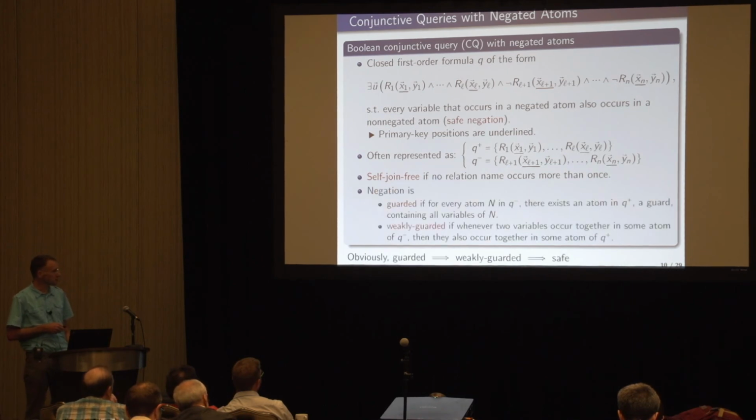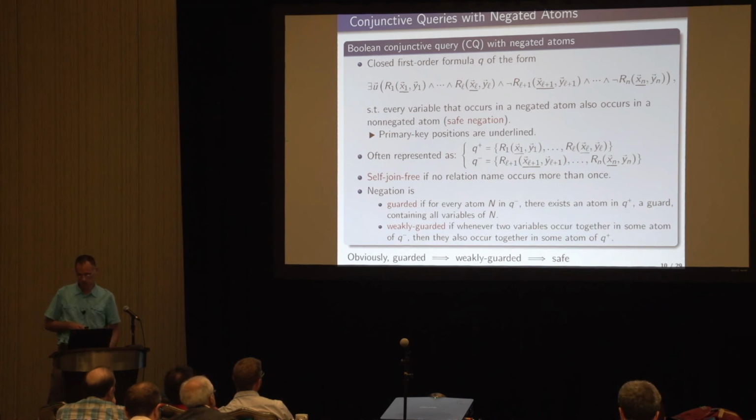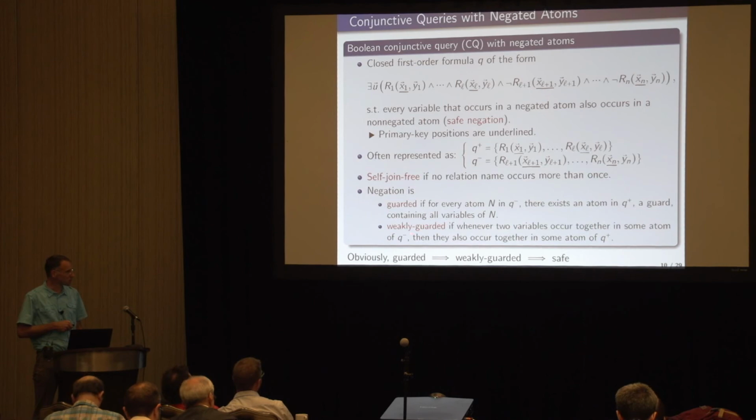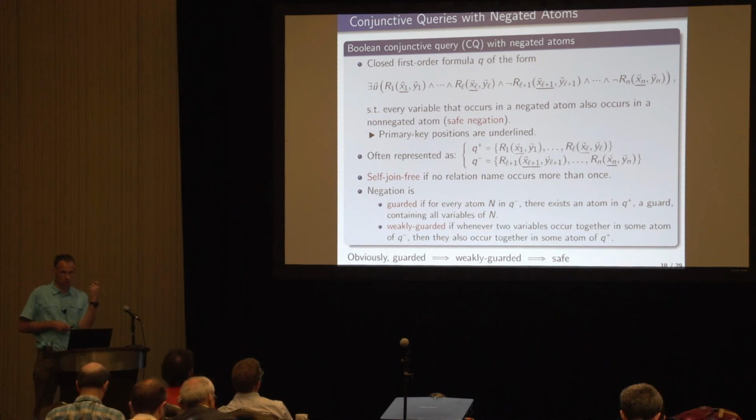And importantly, negation is guarded if for every negative atom there exists a positive atom, a guard, that contains all the variables of the negative atom. And in this paper we introduce another notion of guardedness, which we call weakly guarded. We call a query weakly guarded if whenever two variables occur together in a negative atom, they should also occur together in a positive atom.